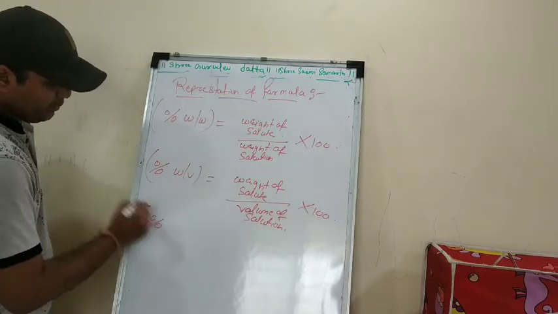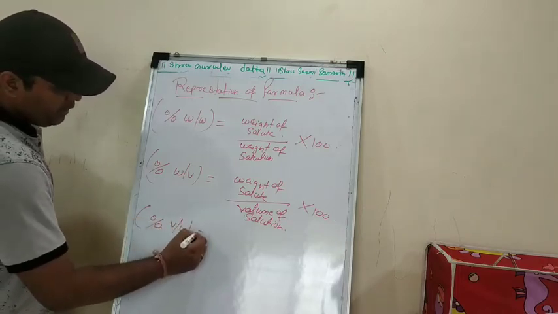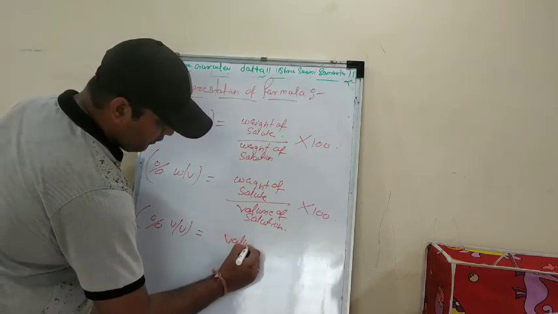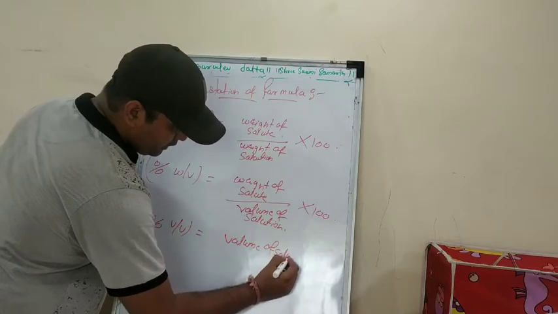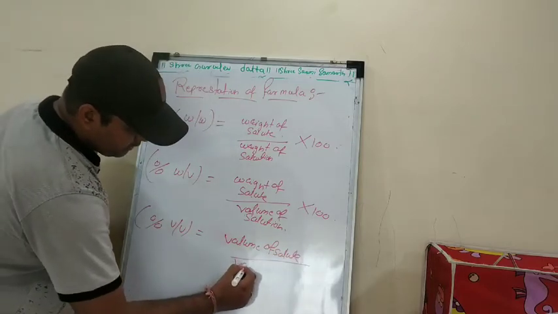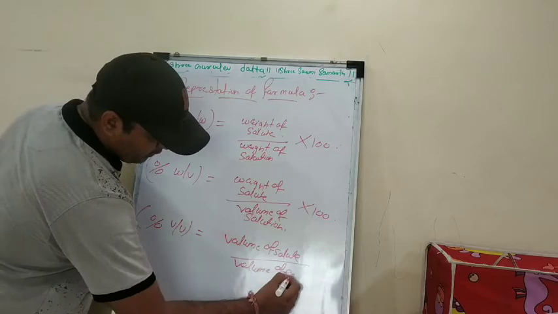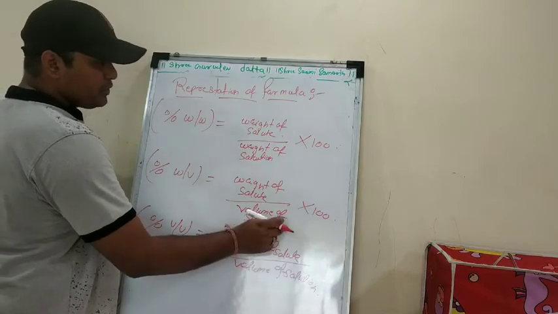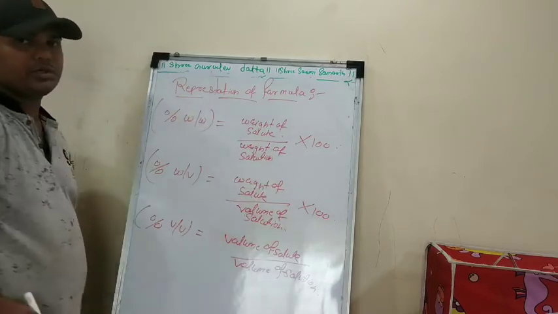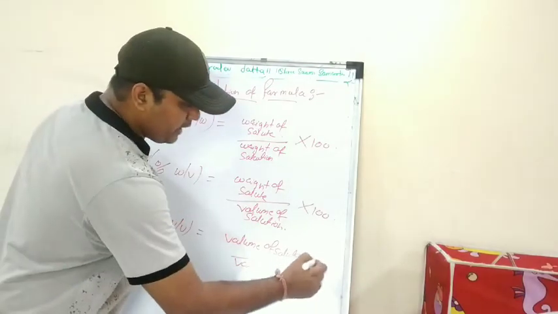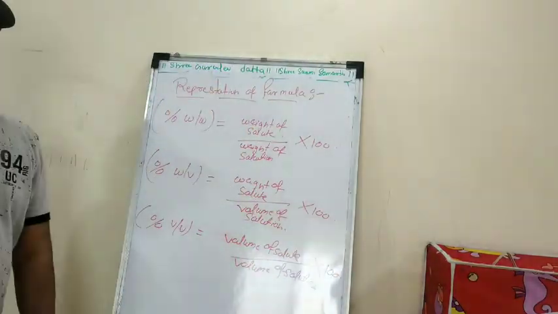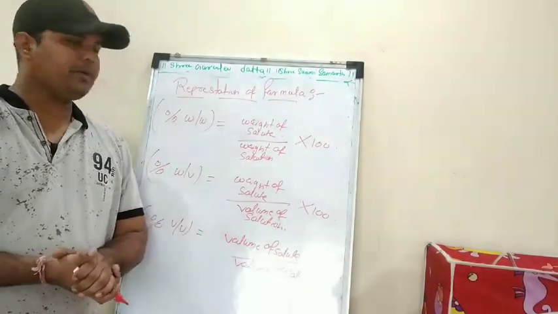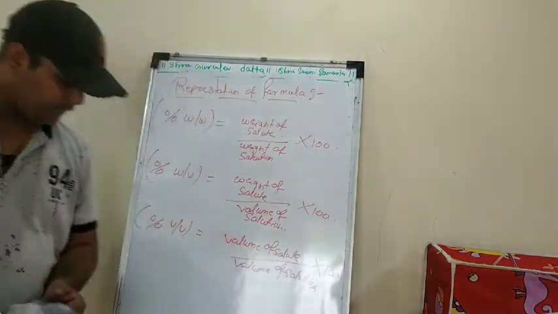And next it will be percentage V by V. It will be volume of solute divided by volume of solution. So in all the three cases you can see volume of solution and weight of solution. So there is no involvement of the solvent. Again it will be into 100, right? So this particular formula is very, very important. You should know all these formulas and how to express the particular concentration, right? I hope that you have understood this.